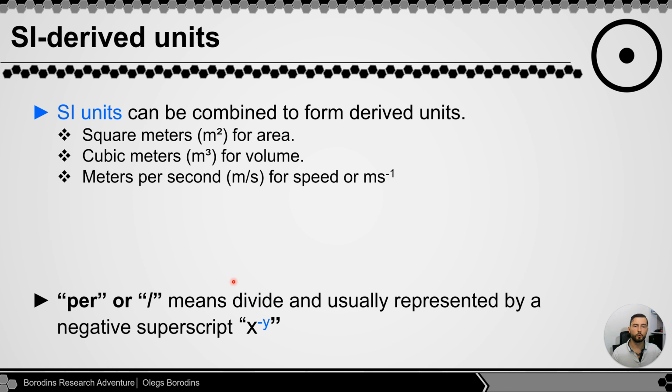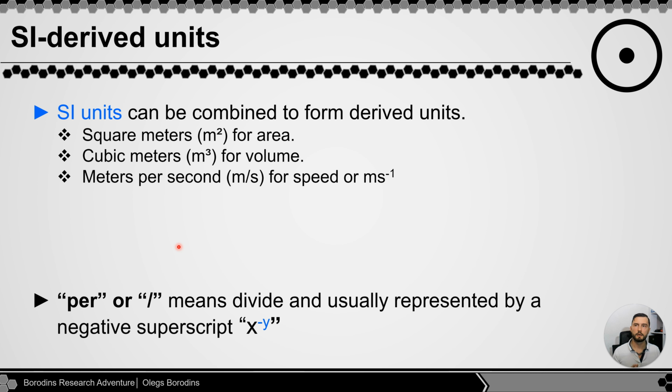And note, the word per, or a slash, means division, and it can be represented as a negative superscript, which is an example here, m s^-1. And the same thing can be done to any other combined units, which we divide by something.